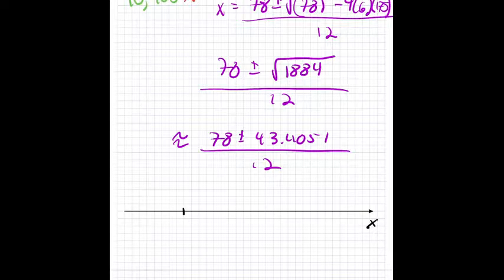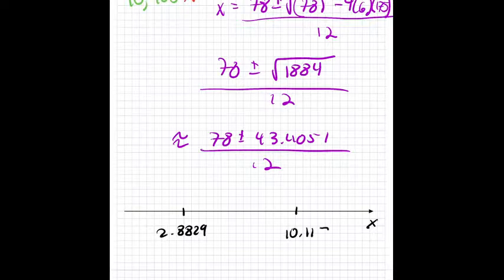Okay, that's an approximation. Let me change that minus to a plus. The answer is 10.117. Okay, so these are our candidates, right?